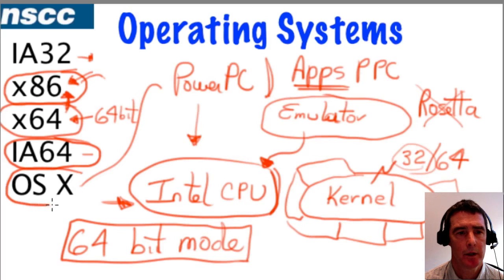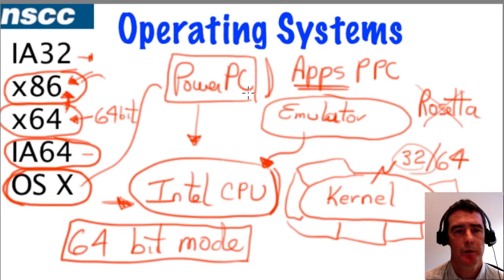OS X, when it started, the CPU platform was called the PowerPC, which started coming out as a 32-bit operating system and evolved to a 64-bit operating system.